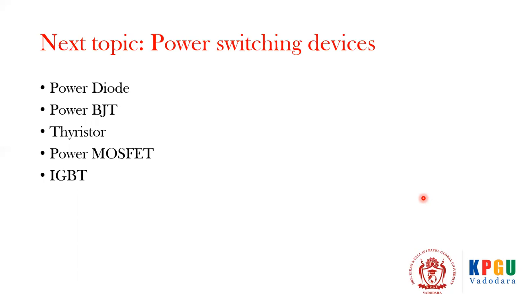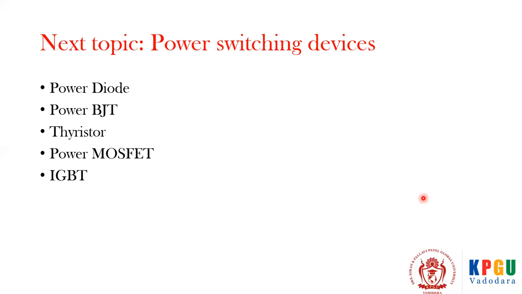During turn on, on-state voltage should be very, very low, and it should be able to carry high current. When it is turned off, it should be able to block large voltage, and the current through it should ideally be 0. At the same time, switching frequency should be very, very high, and switching power loss should be very, very low.